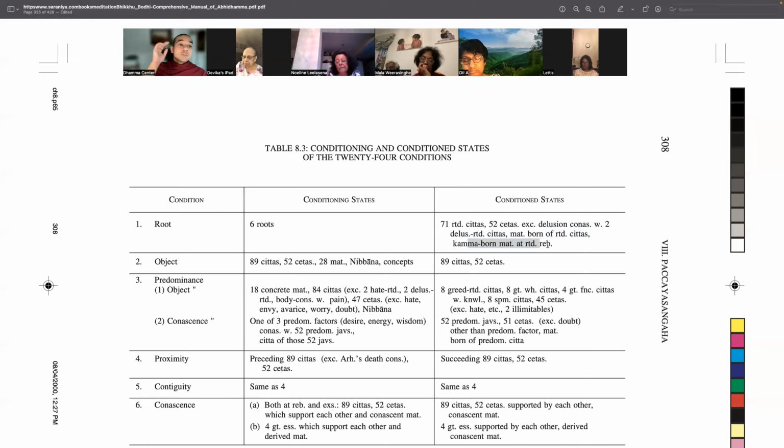Because of roots, what arises? 71 chittas, 52 chetasikas, excluding delusion in the two delusion rooted chittas, and matter born of rooted consciousness, and matter born of rooted rebirth. These are the positions where roots come into play. What are the chitta-born rupas and karma born rupas at rebirth?